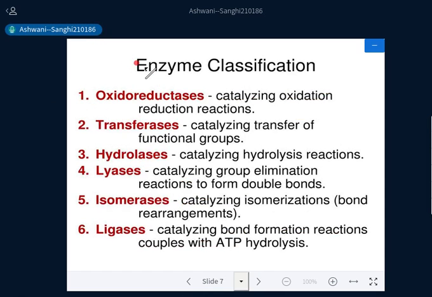This Enzyme Commission or EC number classifies enzymes into these 6 main classes. First class, oxidoreductase.